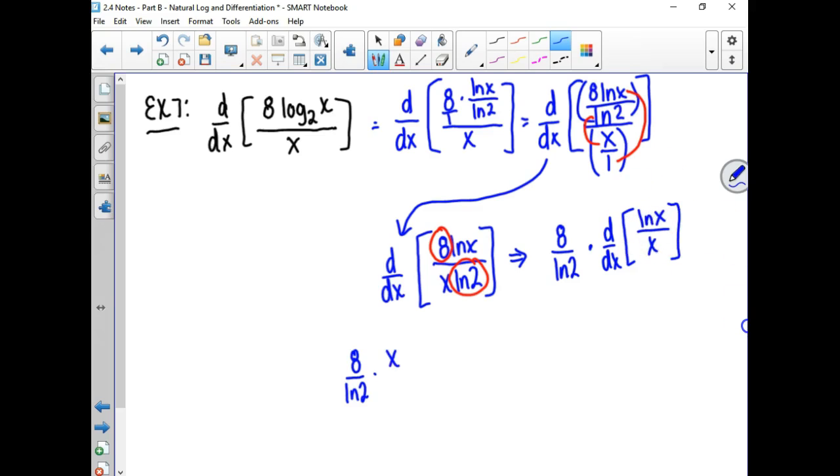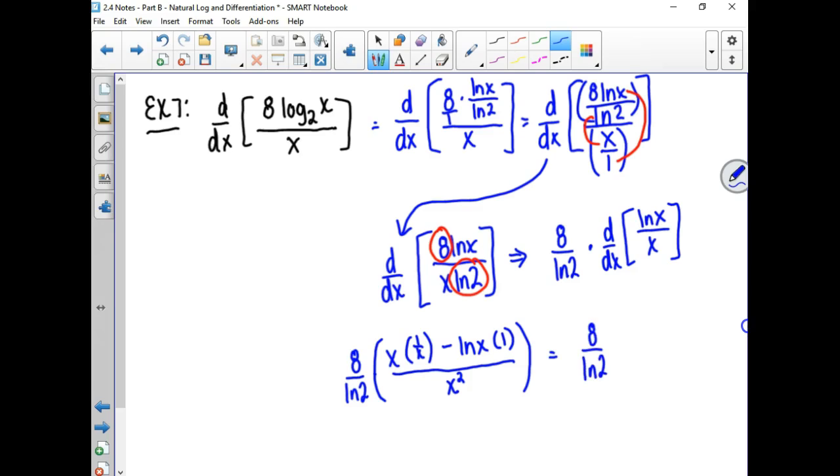So we'll have x times the derivative of natural log of x, which is 1 over x, minus natural log of x times the derivative of x, which is 1, all over the denominator squared, x squared. So x times 1 over x is just 1.